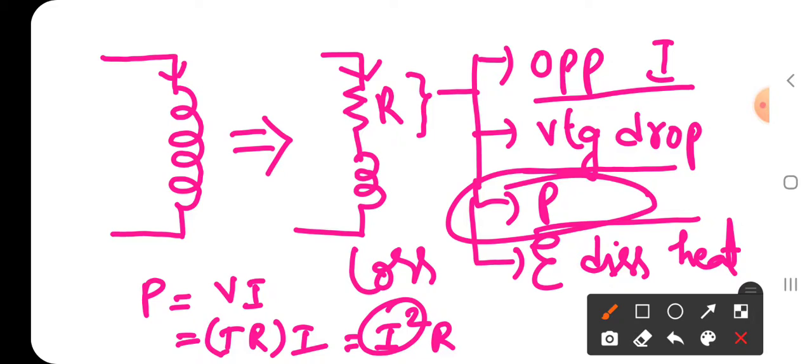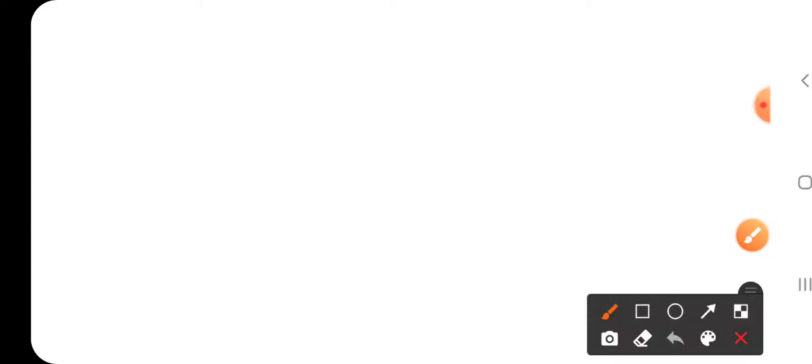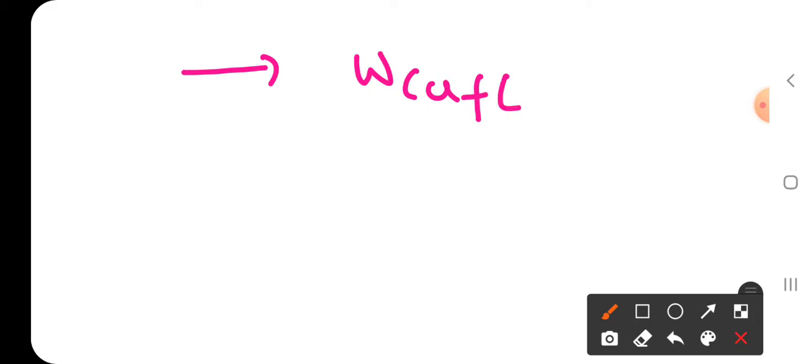Suppose, for example, the transformer has a full load copper loss of WCUFL. Now I want to find out what the loss is at nth load. Suppose at full load I have 500 watts.